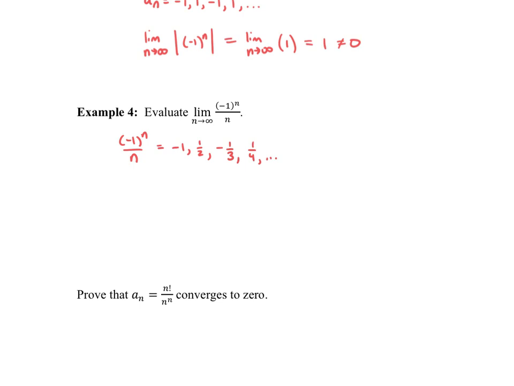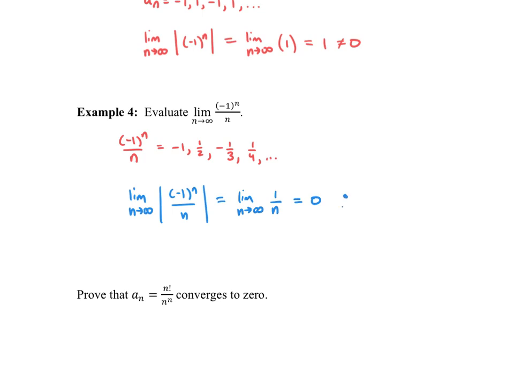so it appears as though it may be approaching 0. One of the ways that we can definitively show this is that we can take the absolute value of this particular sequence. Remember, when we do that, that alternator becomes obsolete. So we have the limit as n goes to infinity of just 1 over n, and it's really easy to see that that limit is 0.